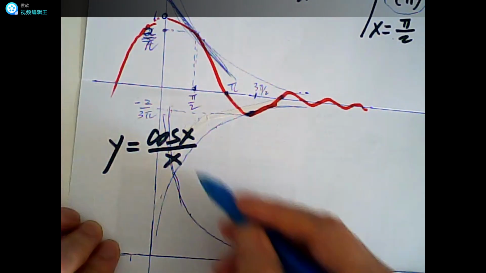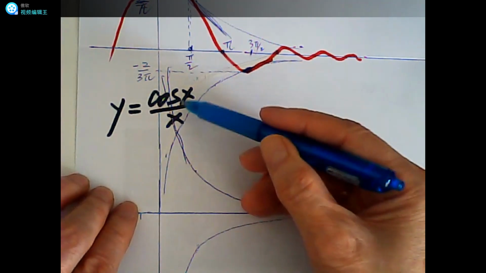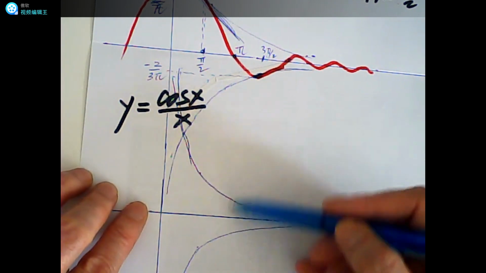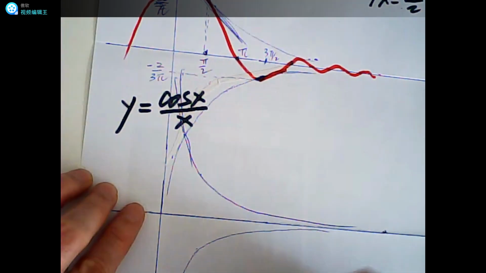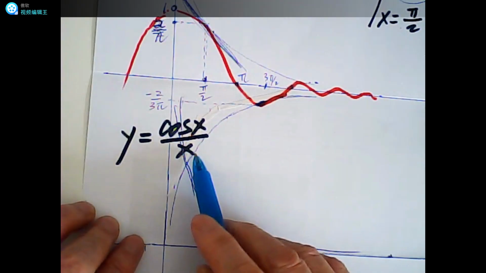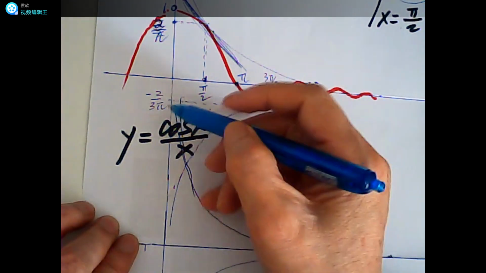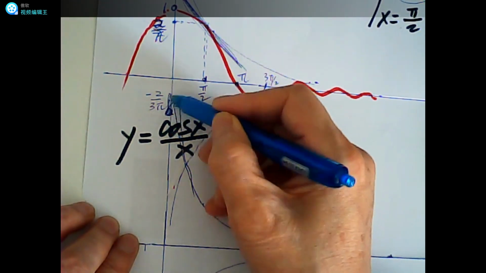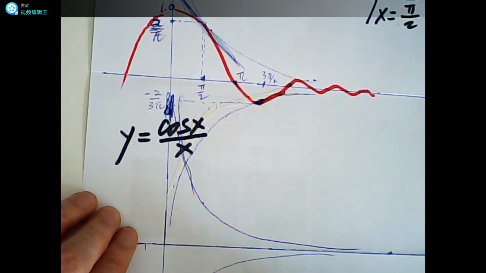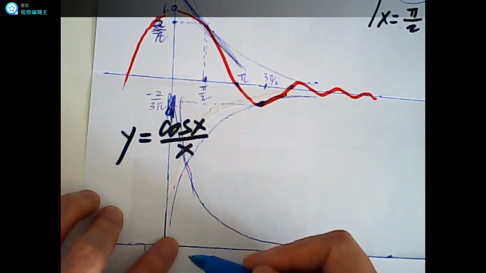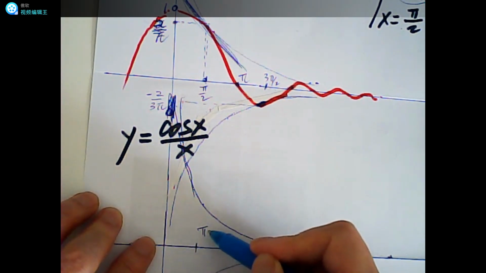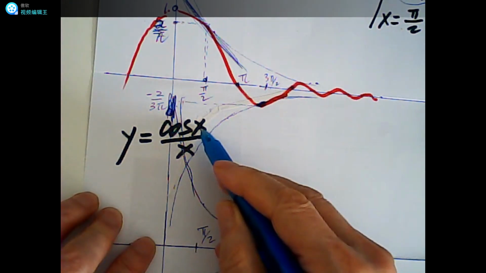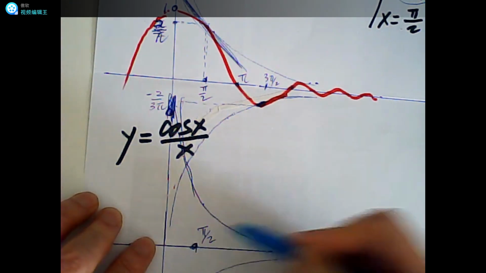This is the curve 1 over x. The cosine function is oscillating between these two curves. When x is approaching 0, it goes to infinity, so there's an asymptote here. At x equal to half pi, this is 0, so it passes through this point.